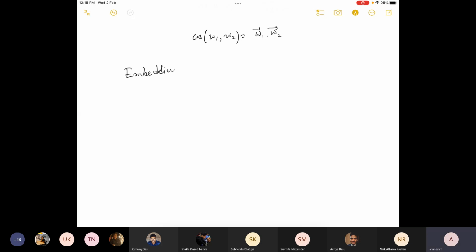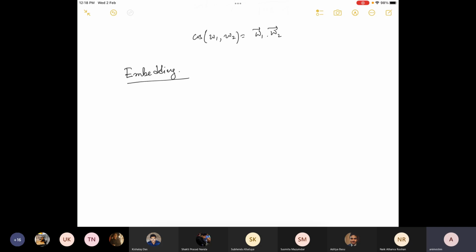The next thing is embedding. Since we are dealing with embedding, we need a mechanism to generate the word embeddings. Without any loss of generality, the authors used one specific form of embedding, but they also showed that their results hold for other forms of word embeddings also.